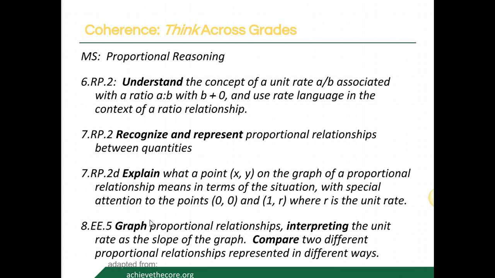And then in 7th grade, they're also starting to explain what a point on a graph of a proportional relationship looks like. And then they transition into 8th grade where they're graphing proportional relationships, interpreting the unit rate as the slope of the graph, and comparing proportional rates represented in different ways. So over those years, they really are expanding on that knowledge of proportional reasoning.